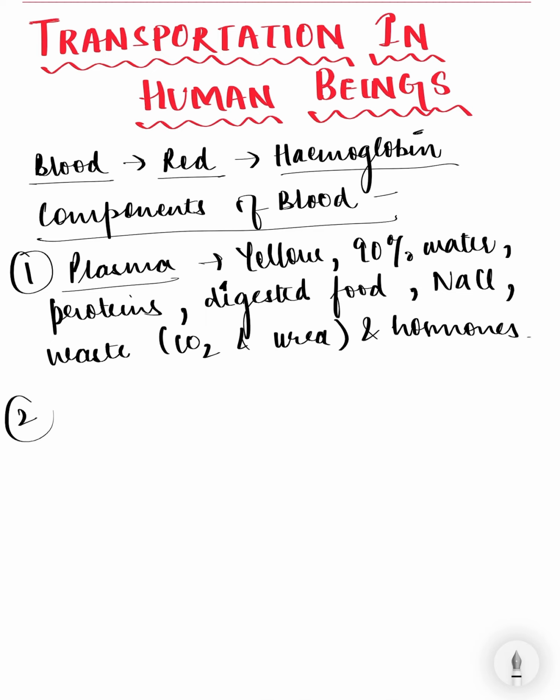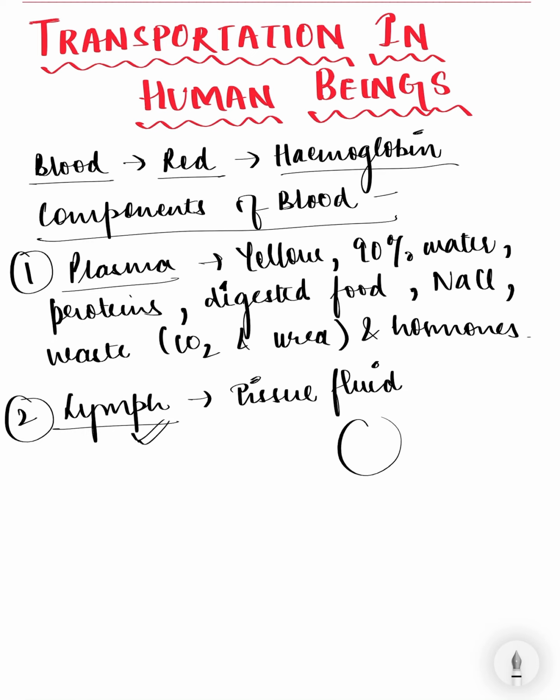Now, second component of the blood is the lymph. Lymph is also known as tissue fluid because tissues are immersed in it. These are present in the intercellular space. Intercellular space means, suppose these are all the cells which we have and this tissue fluid is there in the spaces between the two cells.